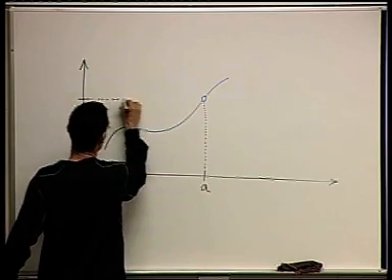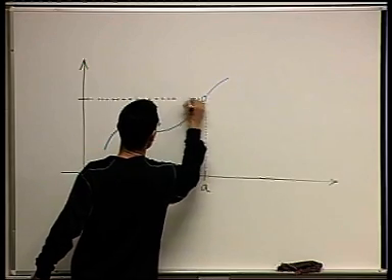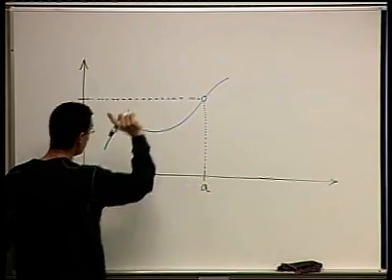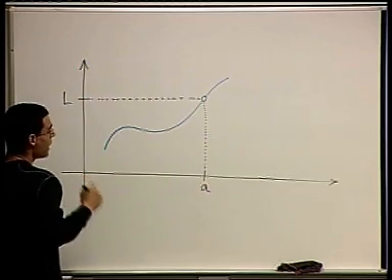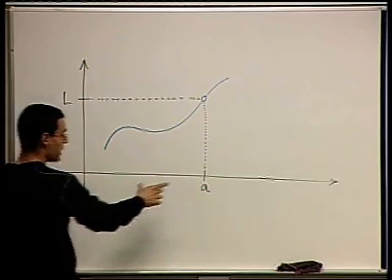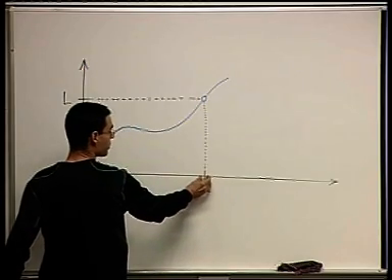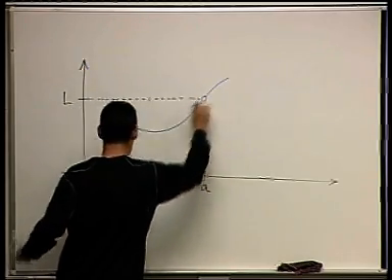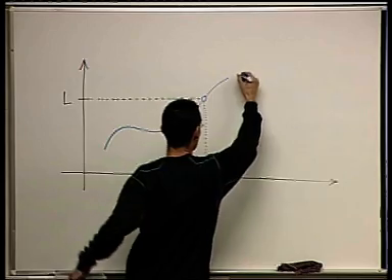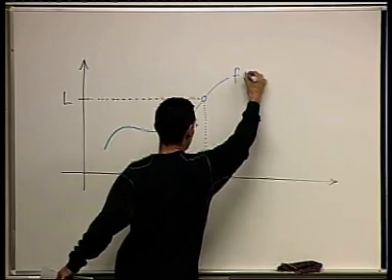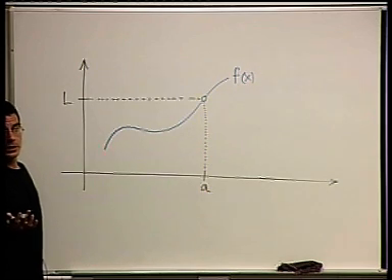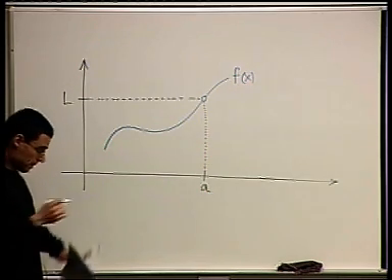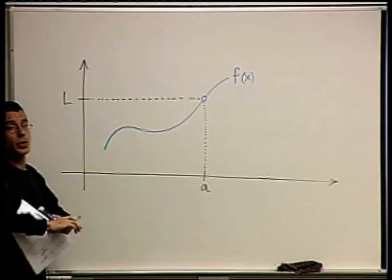So this value here, which is not the value of the function at A, because that we don't know and don't care about, but what we can say here is that as we get closer to A, the values of the function get closer and closer to this value L. Do you agree? Okay? So this is the notion we want to define.